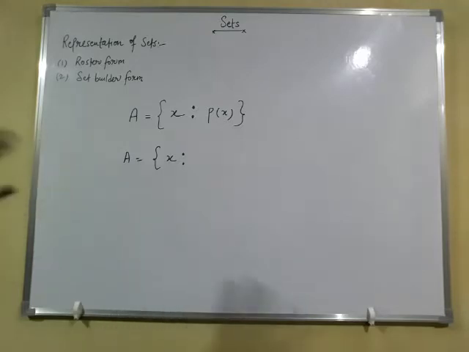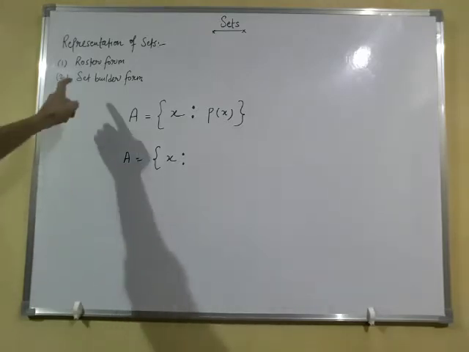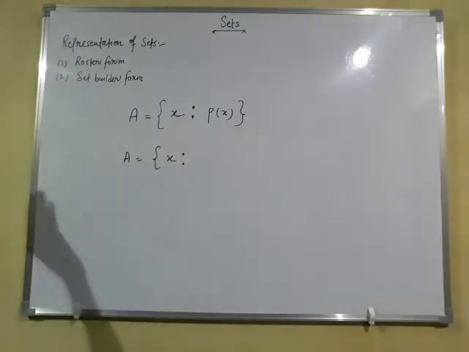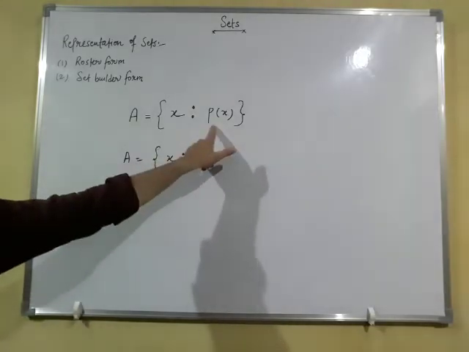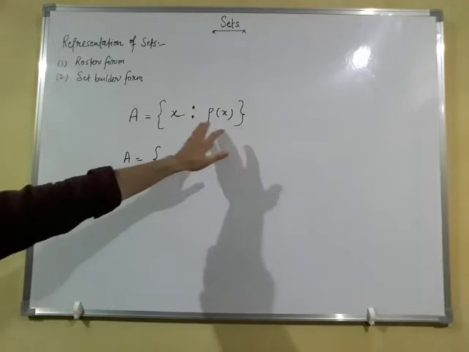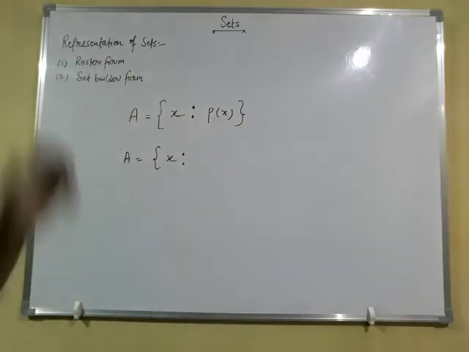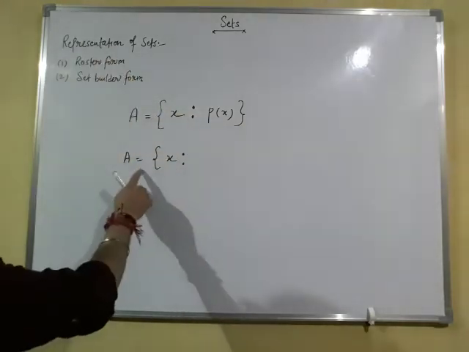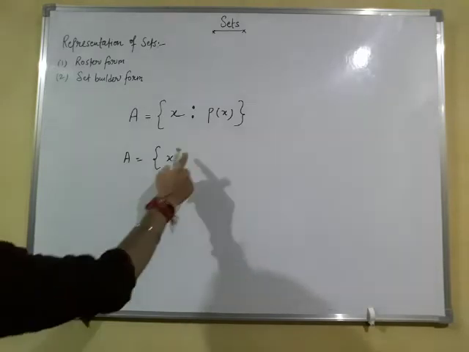Now I want to represent the set of vowels in set builder form. Then what will I write? What is P(x) here? P(x) is a definition which defines x. So capital A is equal to x colon.